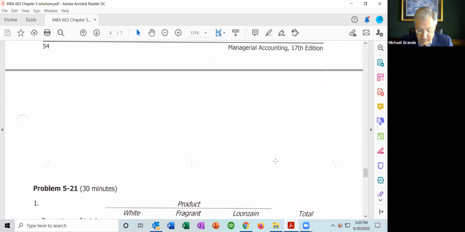And you can see the combined contribution margin ratio is 64%: $480,000 divided by $750,000. So their sales dollars to break even with that given sales mix is $702,000.